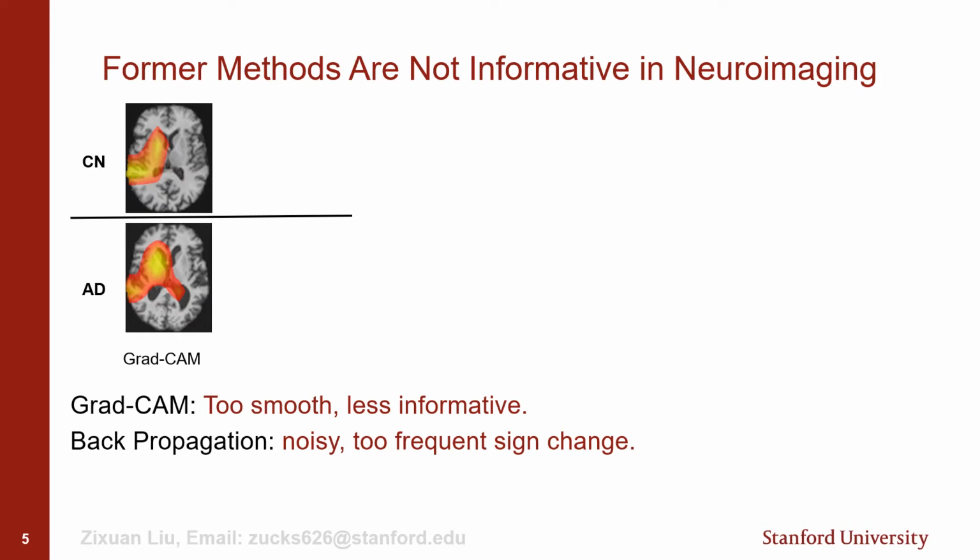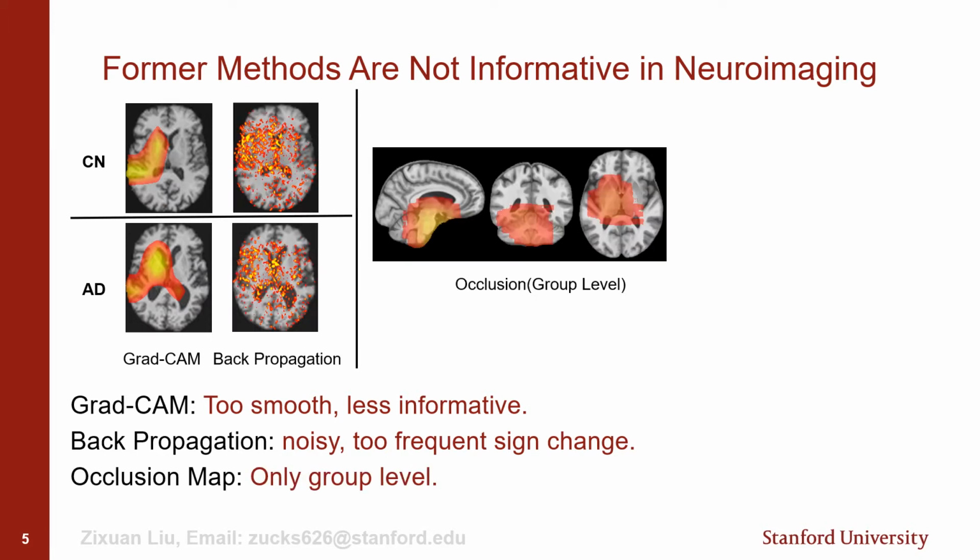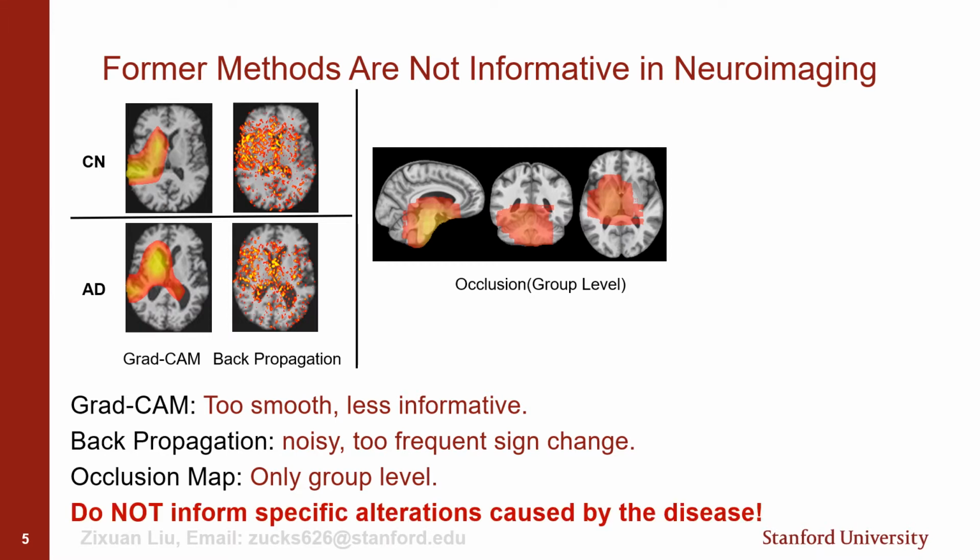The backpropagation method tends to give overly noisy results with frequent sign changes. And the alteration map-based method can only give group-level analysis. It turns out that none of these methods can inform specific alterations caused by the disease. Thus, it's very important to develop new visualization methods to address this issue.